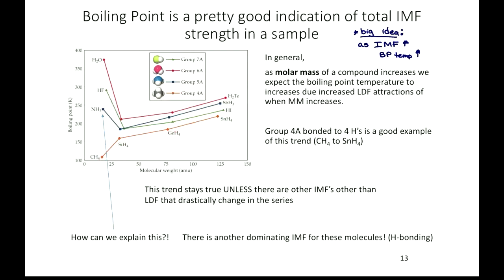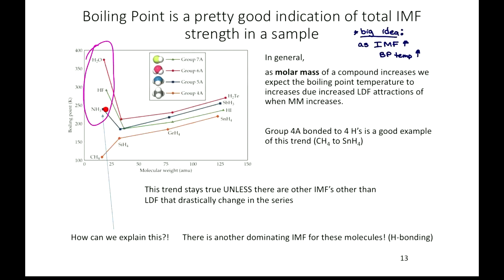But if we look at the other groups 5, 6, and 7, when we attach hydrogens to them, we see that the molar mass and boiling point trend only kind of works over here. We have some really weird data over here, where we have water, HF, NH3.